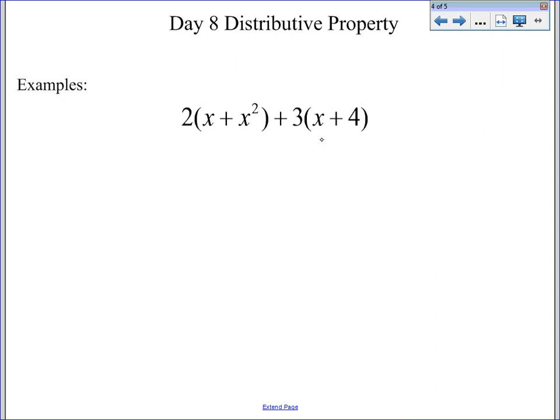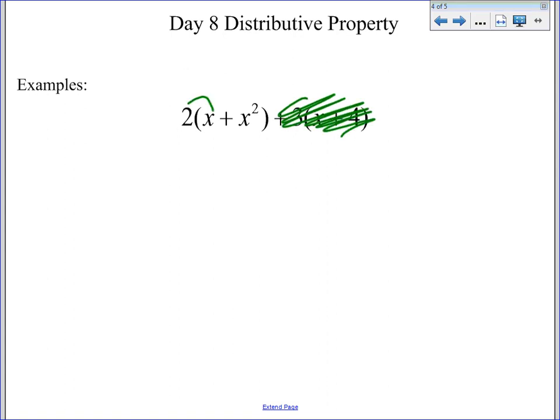Looking at another problem. Now this is a case where we can obviously see they're starting to get more difficult. In this situation, we have 2 distributive properties, and we need to distribute each one before we can actually start combining like terms. So let's start with the first one, don't even look at the second one.